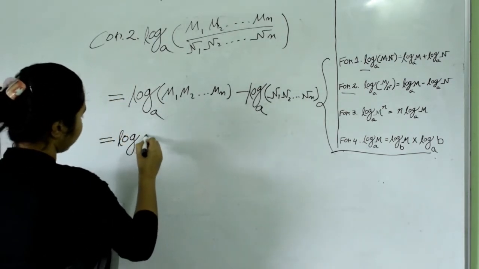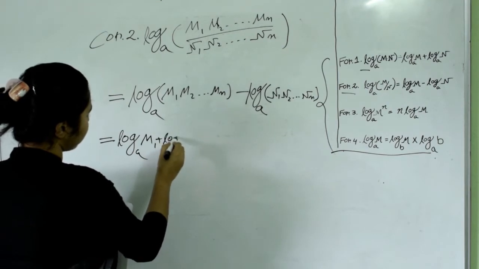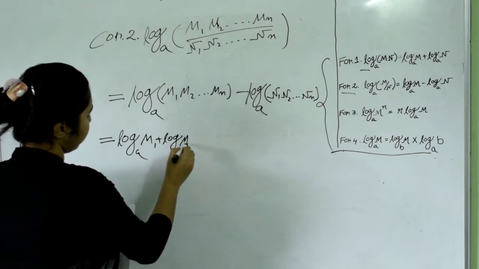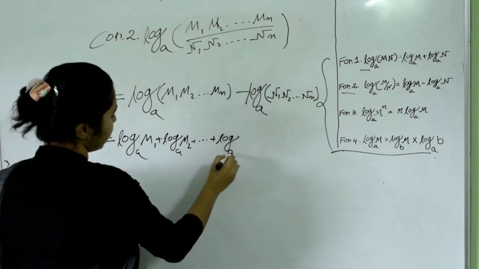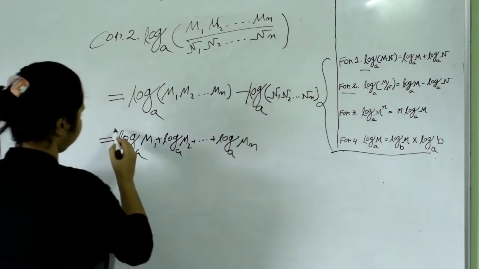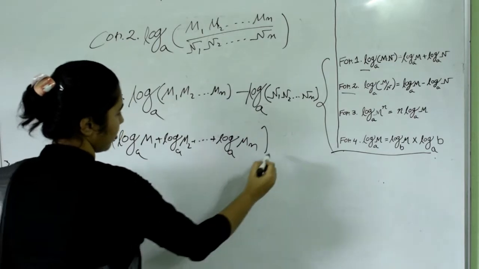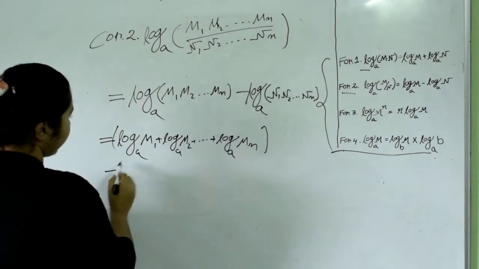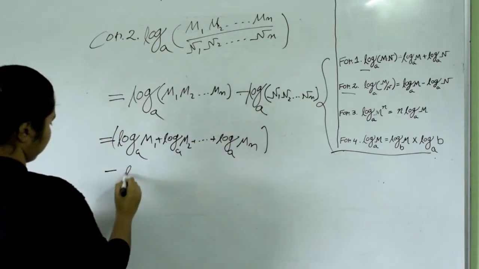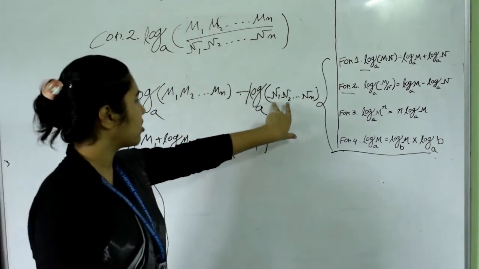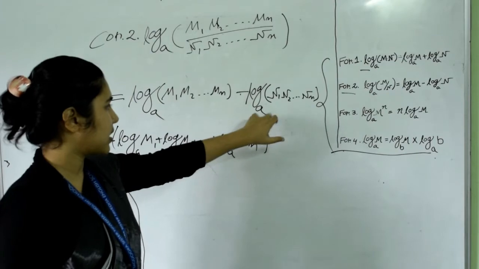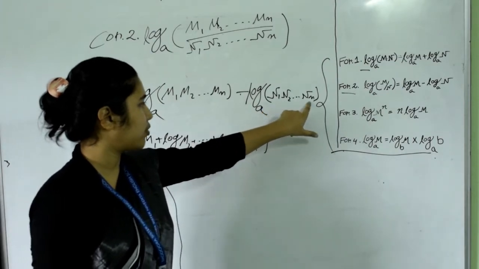That means we can write it as log with base a m1 plus log with base a m2 plus log with base a mn, minus, same here also, minus log with base a and the value is n1 n2 up to nn.